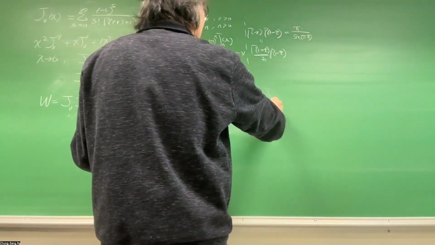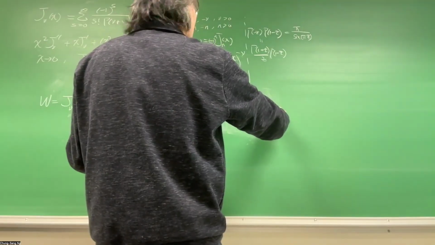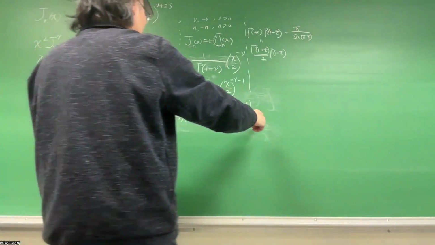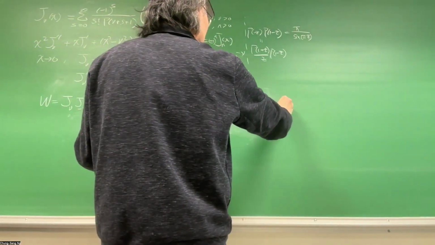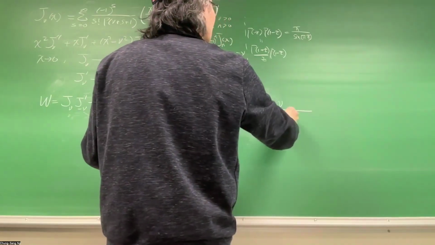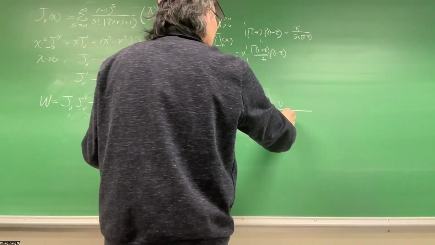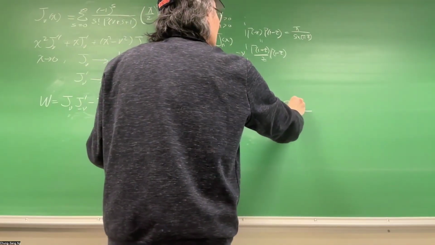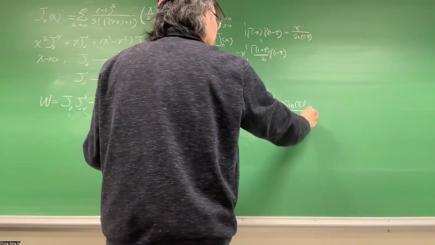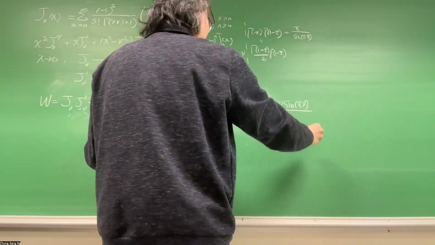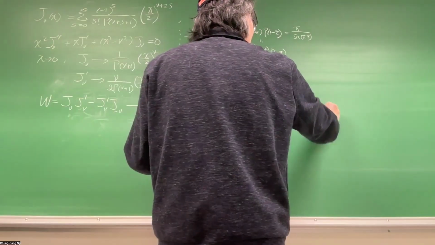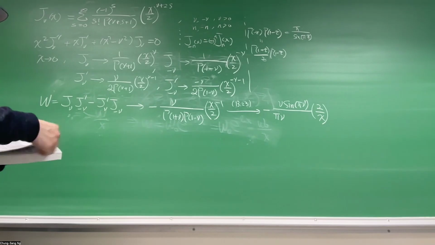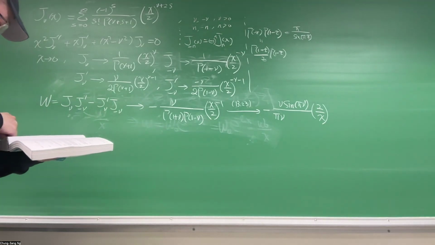That will give you, now our z becomes nu, right? z becomes nu. So minus, and pi nu, right? And then sine pi nu. And then 2 over x. Right, and that should be the correct answer, hopefully.